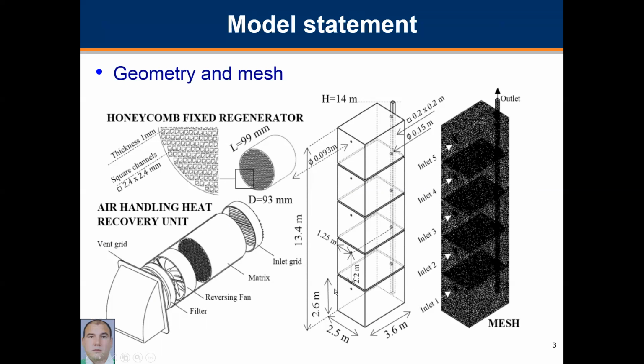The main components of the device in this simulation are the ceramic matrix and reversing fan. All regenerators are presented as five single domains connected to the main computational domain with five inlet vents specified with equal loss coefficient, which are explained on the next slide.